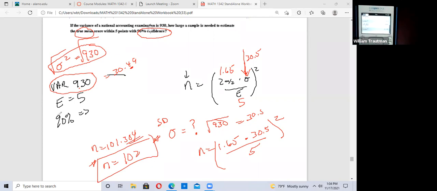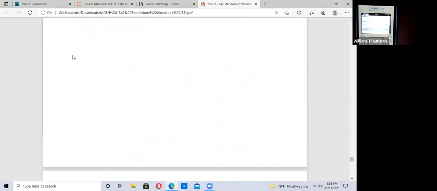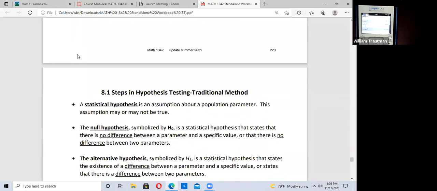Good. All right. And I think that's the section, but I do want to go to the homework and just look at a couple of things in the homework. Yeah, that was it. So we're doing the confidence interval when we don't have a list.